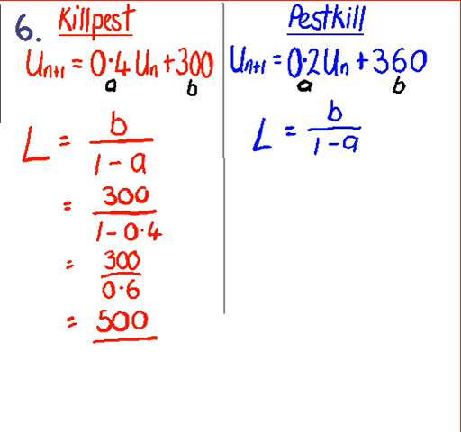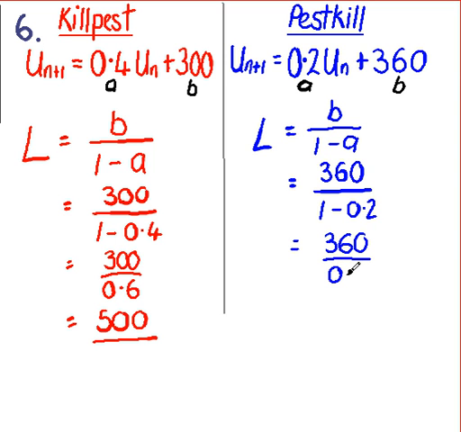So substituting those in, that gives us 360 over 1 minus 0.2, and that gives us 360 divided by 0.8, and 360 divided by 0.8 equals 450.